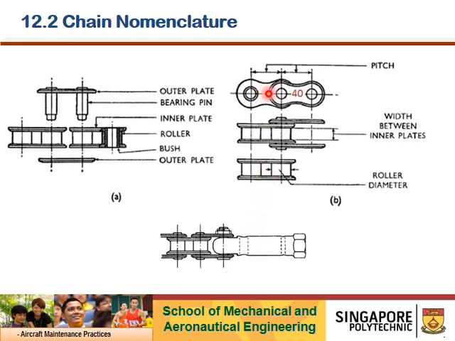At the side wall of the plate itself, you will see a number digit. It represents something we will explain down the road. What we are interested in for the chain will be the pitch distance, the width, and the diameter of the roller.